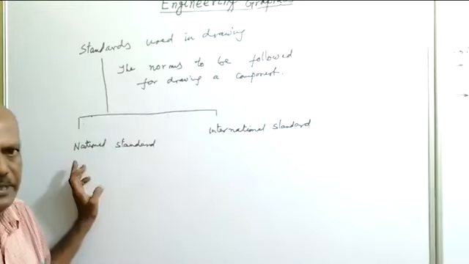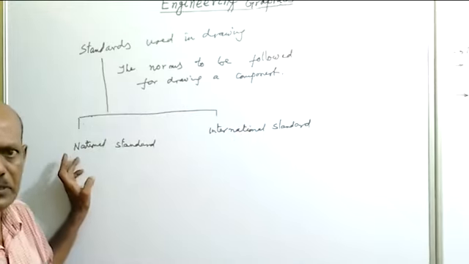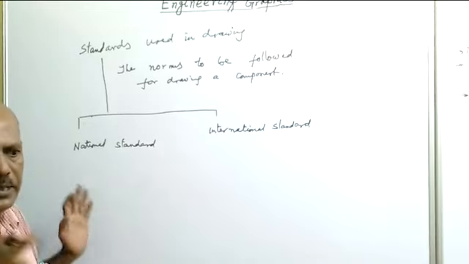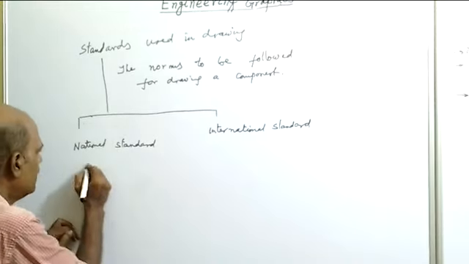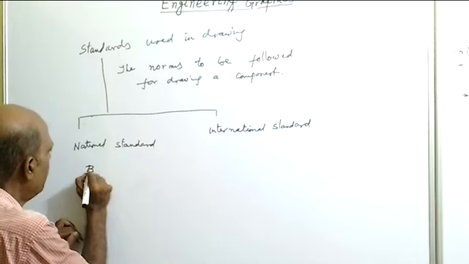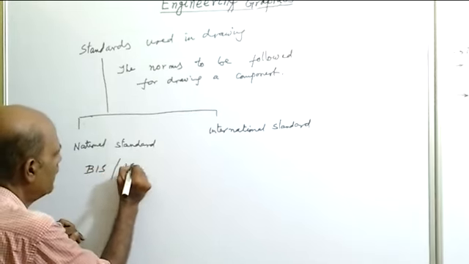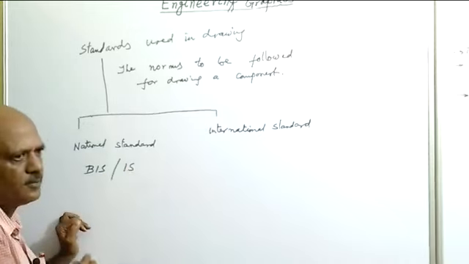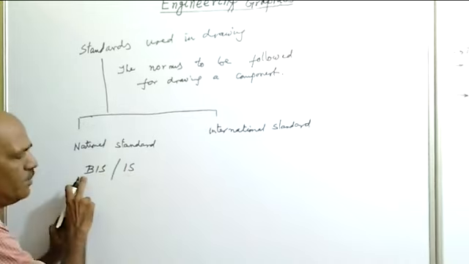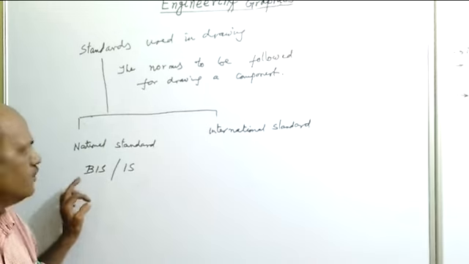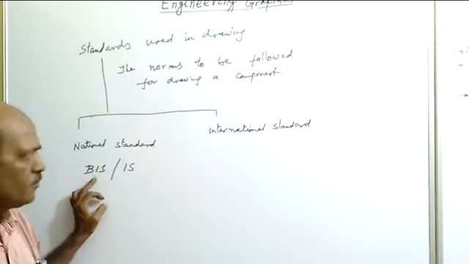So every country has its own standard, that is called the national standard. For India, this national standard is known as BIS standard, or the new name is IS, Indian Standard. BIS means Bureau of Indian Standards, that is the old name.